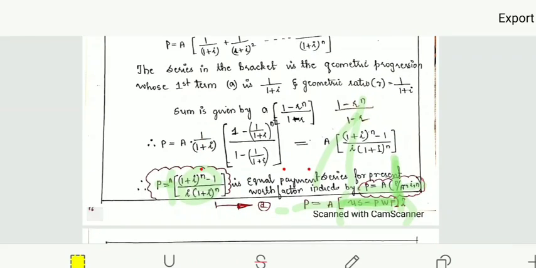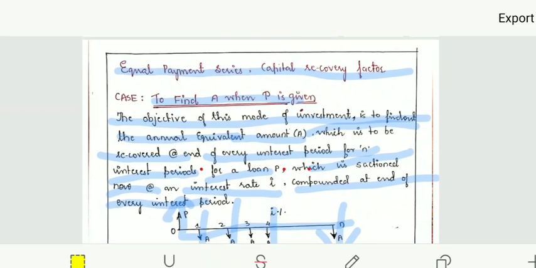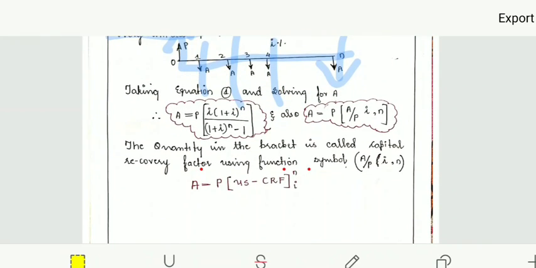In the previous case, you are finding the present worth of the amount that is given to you, but in this case you are finding out the amount A for the present worth that you already have, for the present investment you have already made.